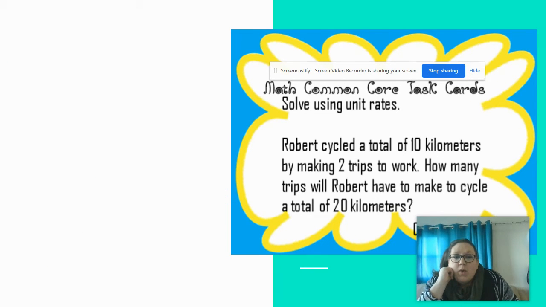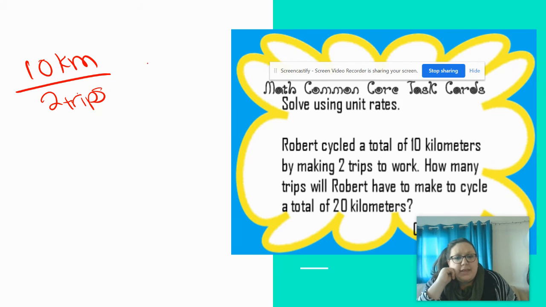Okay. Robert cycled a total of 10 kilometers by making 2 trips to work. How many trips will Robert have to make to cycle a total of 20 kilometers? So we want to go from 10 kilometers to 20 kilometers.